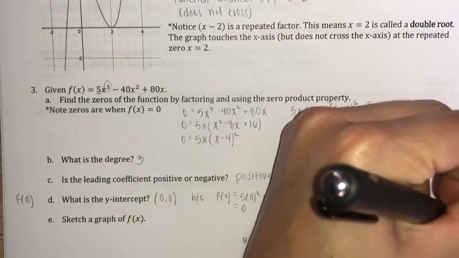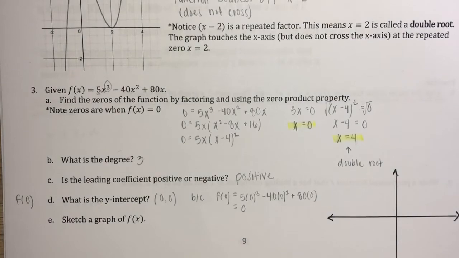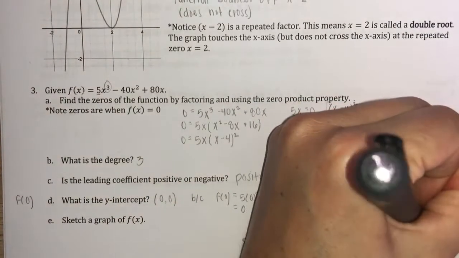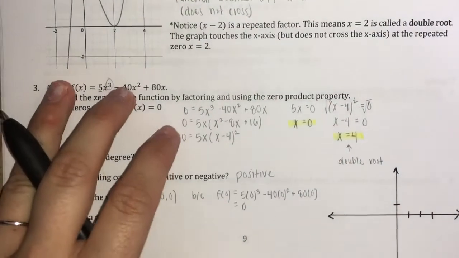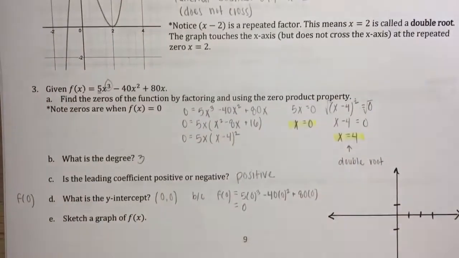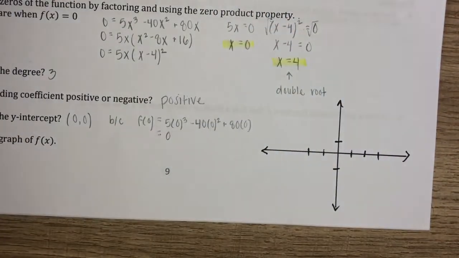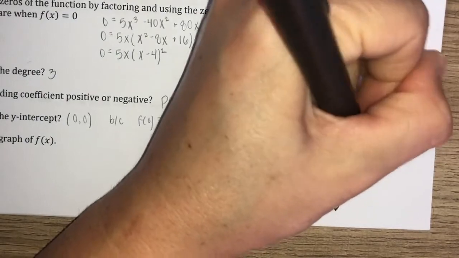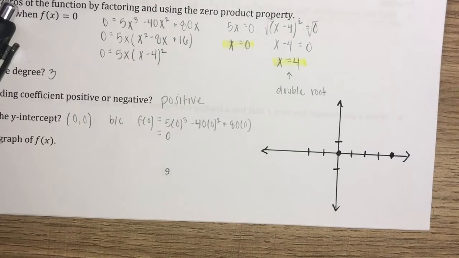And then for e, if we want to sketch our graph, we need to make sure that we include our x-intercepts, because those are for sure points that we know. So the x-intercepts we figured out were 4 and 0. And then we can plot a point at 0, we can plot a point at 4, and then we can start paying attention to what our end behavior is going to be.